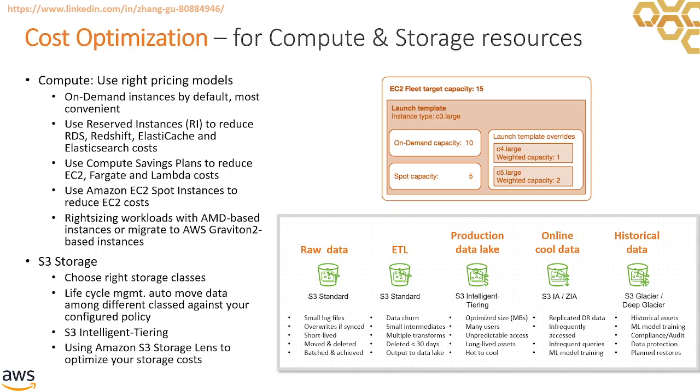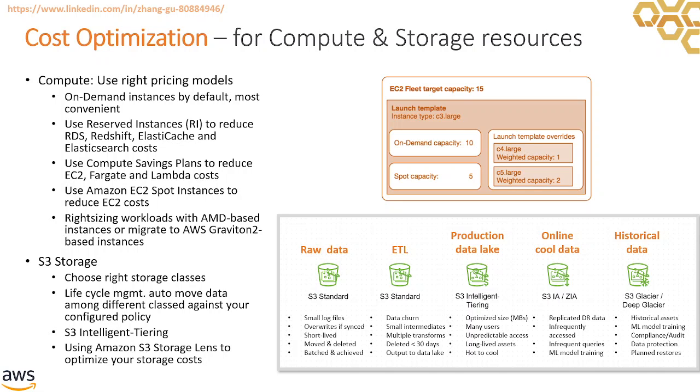AWS provides you a range of pricing models for computing, storage, and other resources. You should carefully choose the right pricing model based on the nature of your workload. For instances such as EC2, RDS, Redshift, etc., you will use on-demand instances by default, which is the most convenient, but flexibility comes with cost.